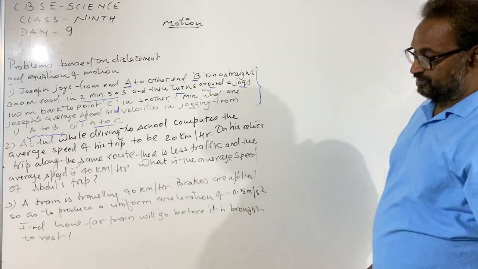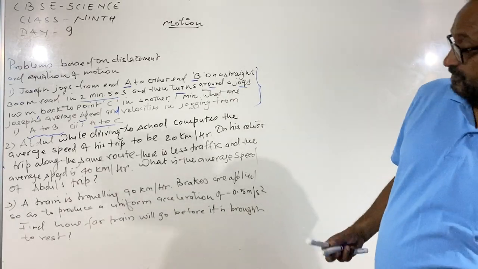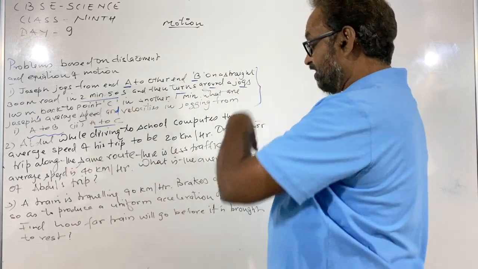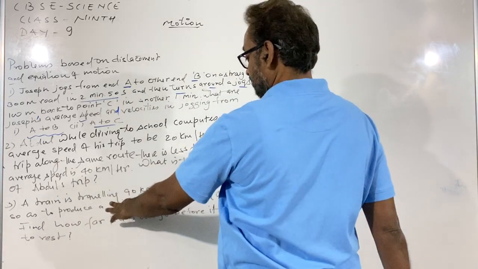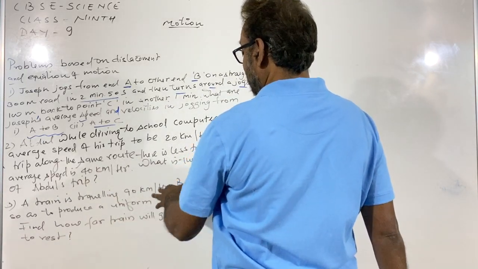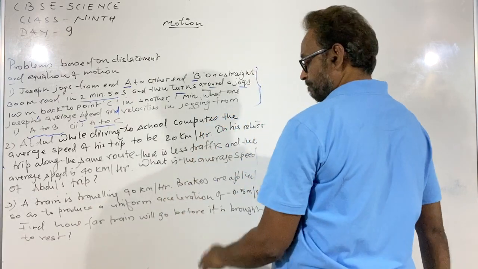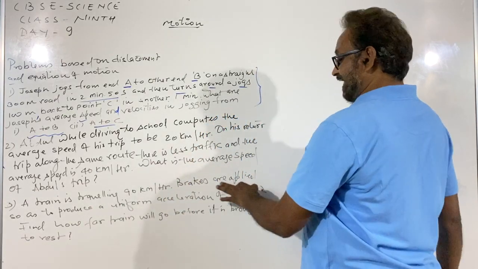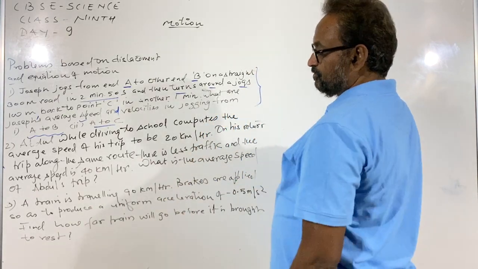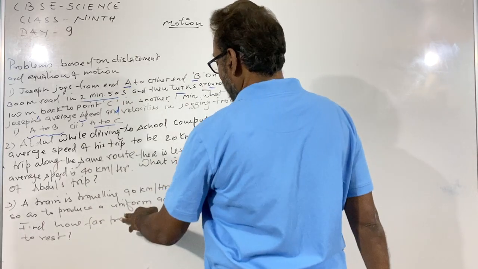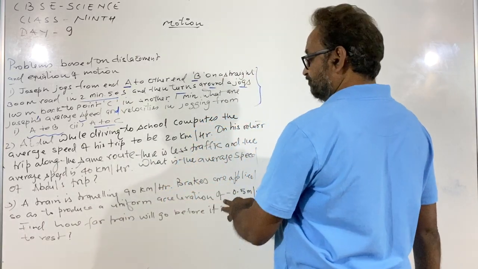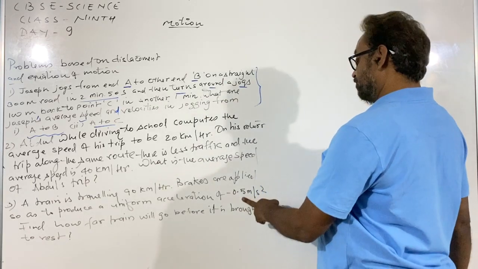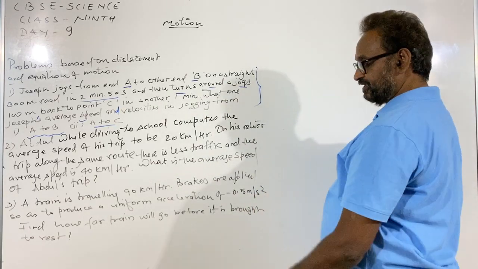Now let us solve the third problem. A train is traveling at 90 km per hour. Brakes are applied so as to produce a uniform acceleration of minus 0.5 meter per second square.